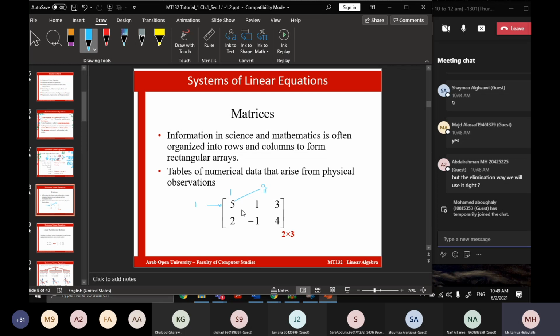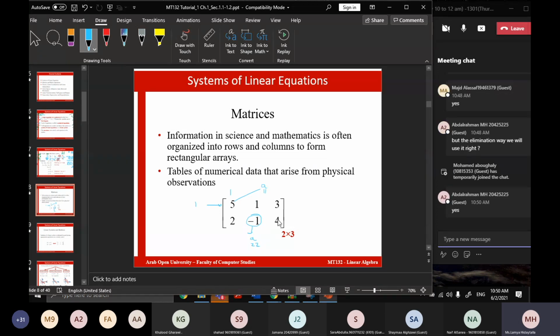So what is this element? It is in the second row and in the second column, so it is the element a22. What about this? It is the element in the second row, third column, so it's the element a23, and so on.